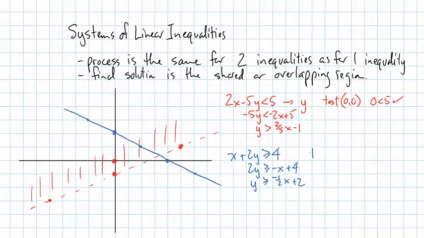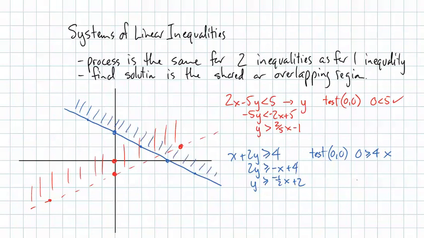Again, I'll test (0, 0) because it's convenient. 0 plus 2 times 0, 0 greater than or equal to 4 is false. So I don't want the region below. I want the region up above here, like this.